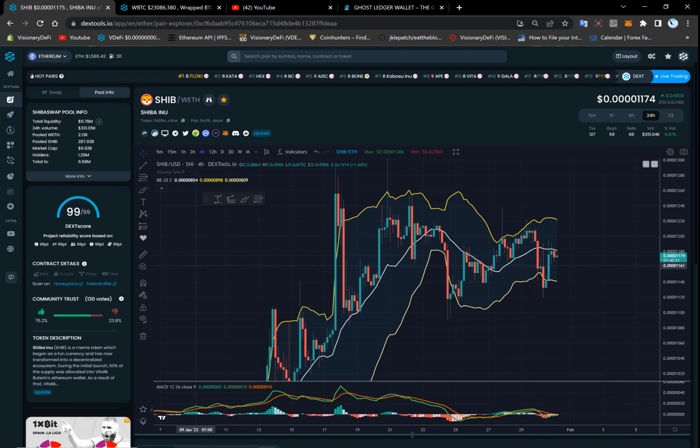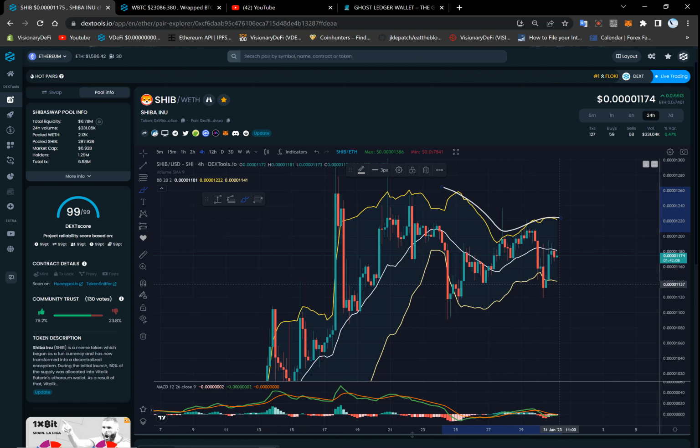So just as a price prediction here, guys, we did see it hit resistance. Whenever it hit resistance, this is the upper Bollinger Band, and this is the lower Bollinger Band. The upper band will act as a resistance, and the lower band will act as a support.